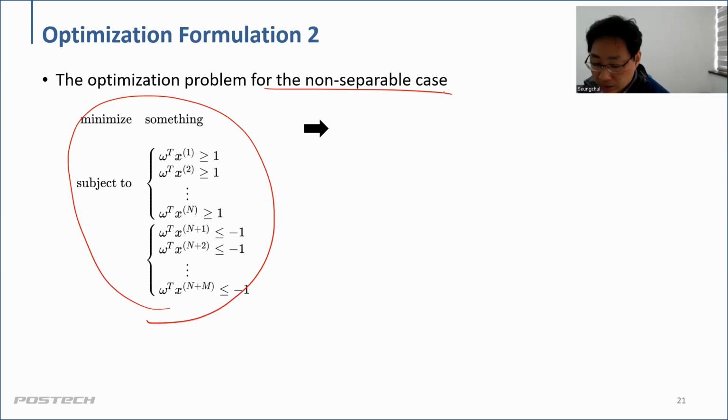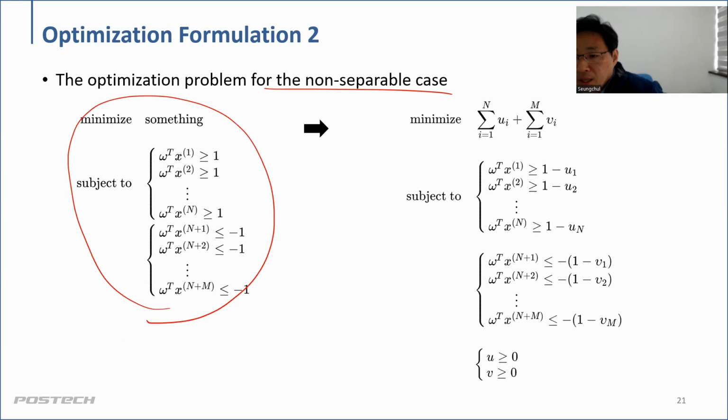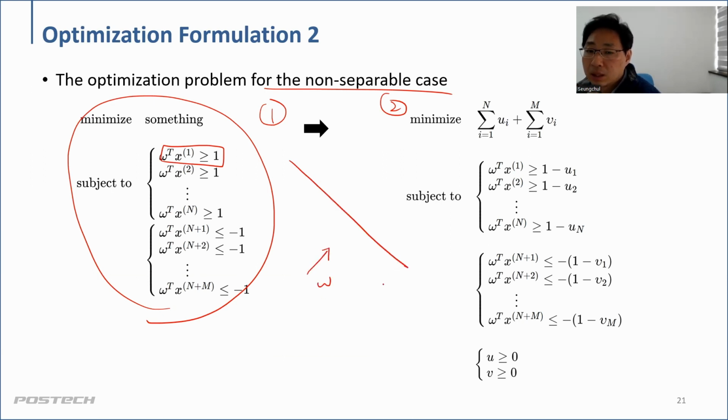But now suppose we have a non-linearly separable data set, and we want to slightly modify the problem from here to there. It looks more complicated, so I'm going to show you one by one. Let's say this one. If that's the omega, x1 is located here or here.